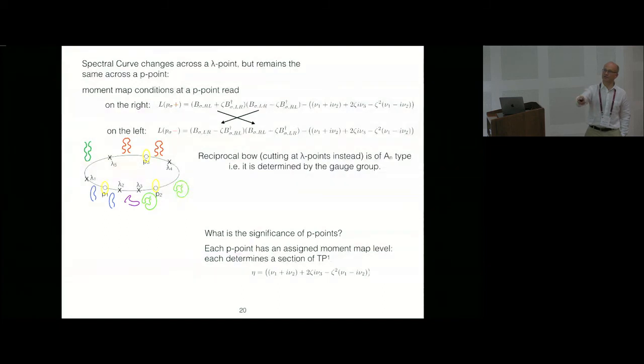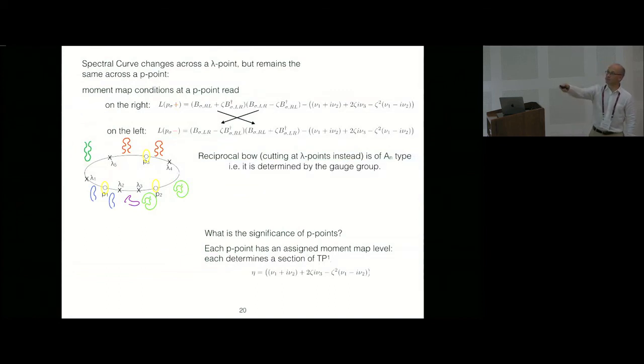That's B left-right and B right-left. So there are two maps, and the conditions that we already used before, the D and F flatness conditions or moment maps, at the left or the right limit points are these: the limit of L, one of these Lax pair matrices, is a product of these two expressions in terms of B.